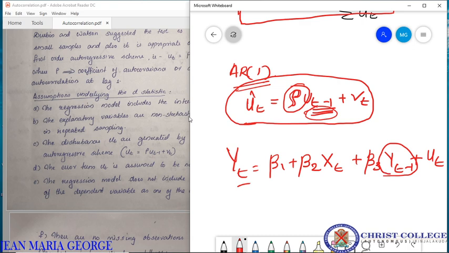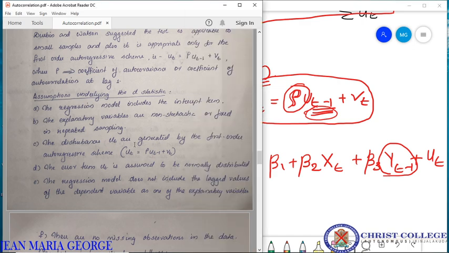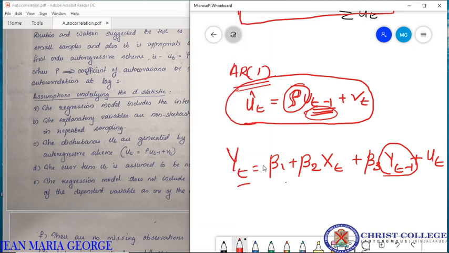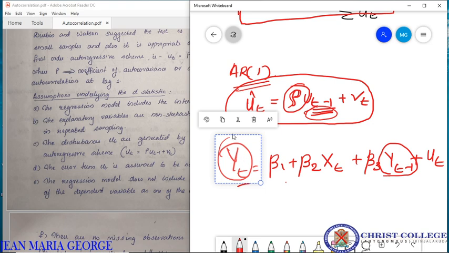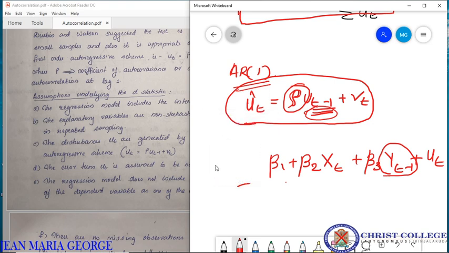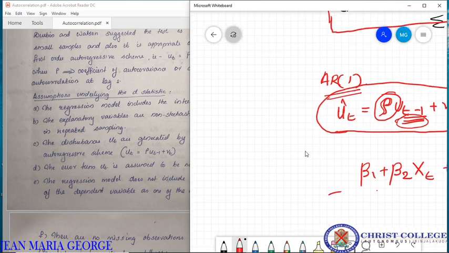This type of explanatory variable will not be included in the regression model. The lagged value of the dependent variable will not be included here, and this type of explanatory variable will not be used in the Durbin-Watson D statistic.